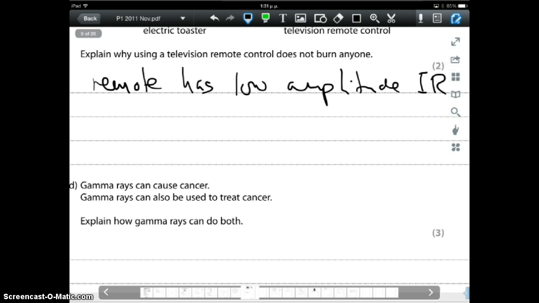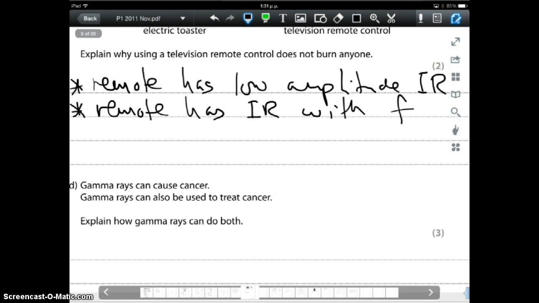The remote controls don't use a frequency of infrared that transfers energy readily to water molecules, to body tissues, etc. So remote has infrared with F for frequency that does not heat body tissue.